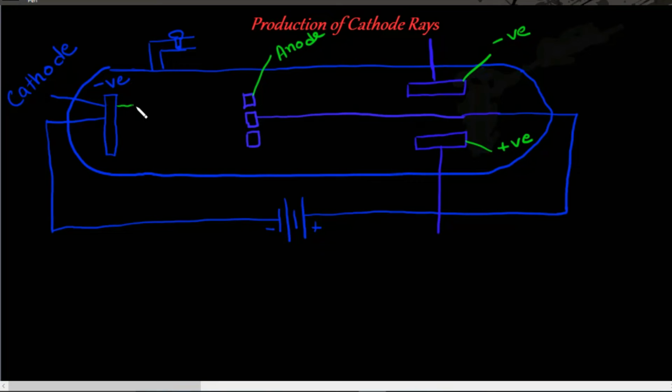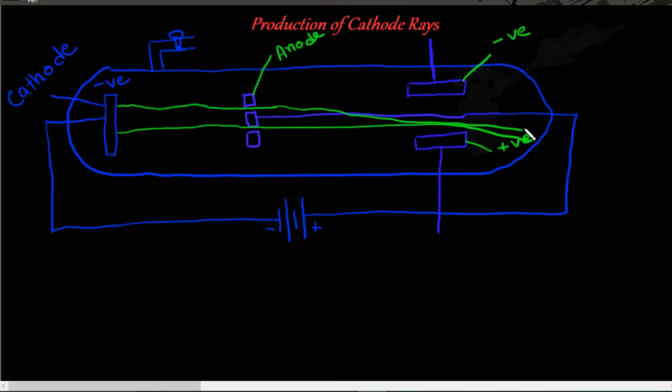So when rays emerging out from the cathode pass through the perforated anode and go towards the plates, the rays bend towards the positive plate. Similarly, another ray passing through the anode also bends towards the positive plate. So this shows that the particles or the rays that are emerging out have some attraction towards the positive plate.